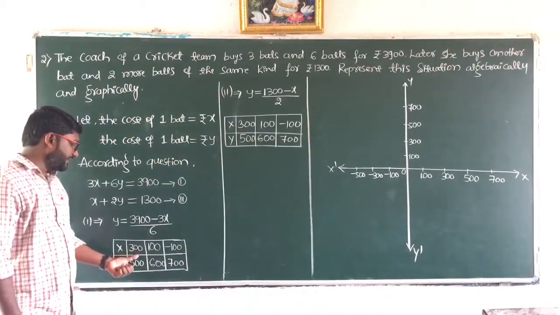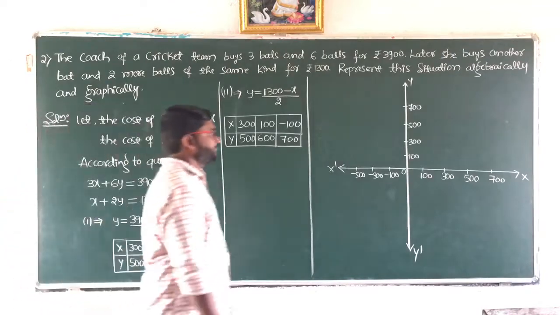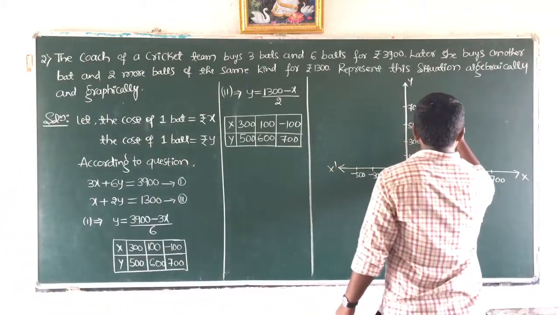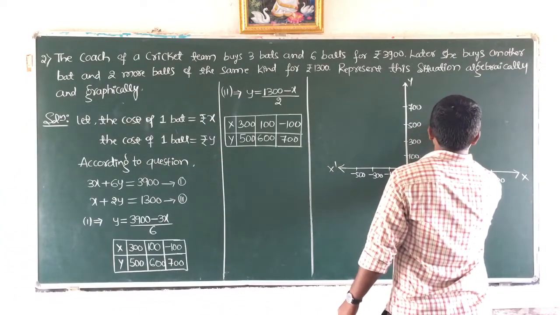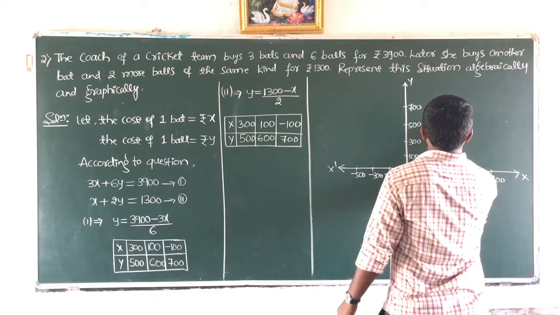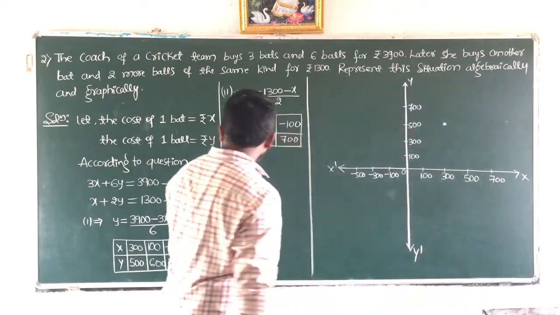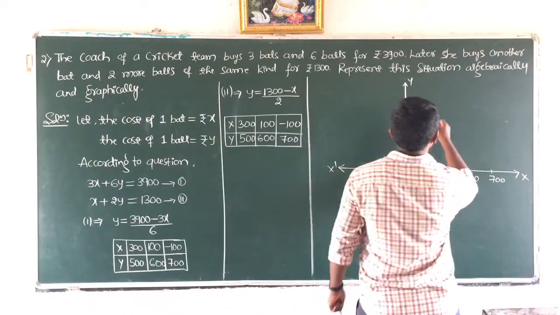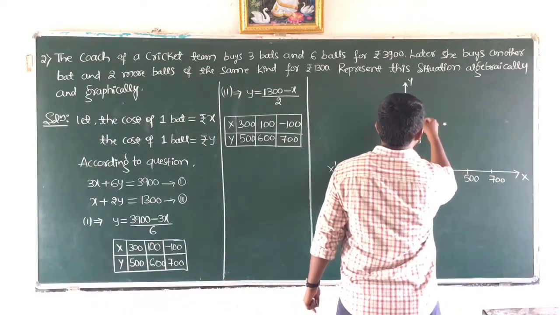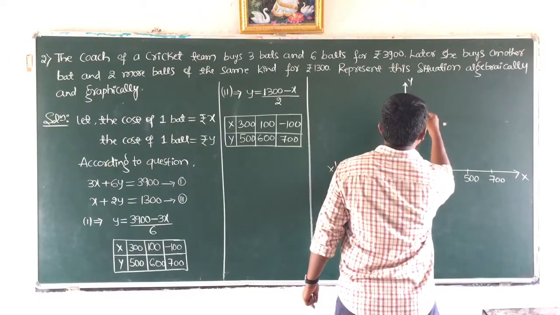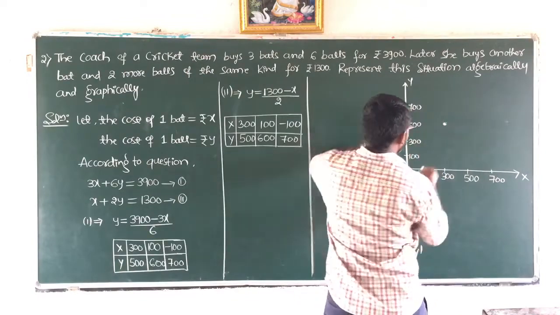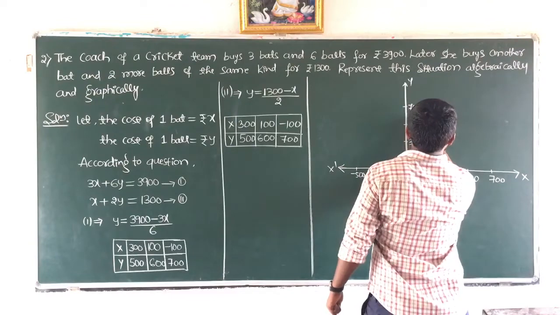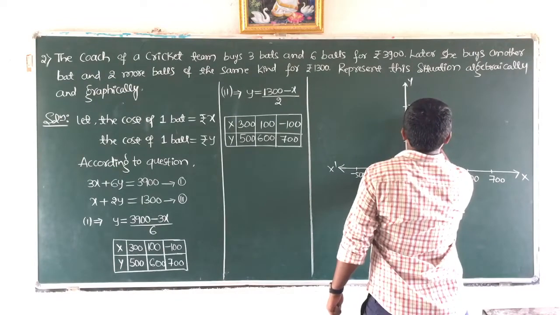So now let's go for the first table. X value 300, y value 500. So somewhere here, this point. Then x value 100, y value 600 will be in between 500 and 700. So here we get the next point.